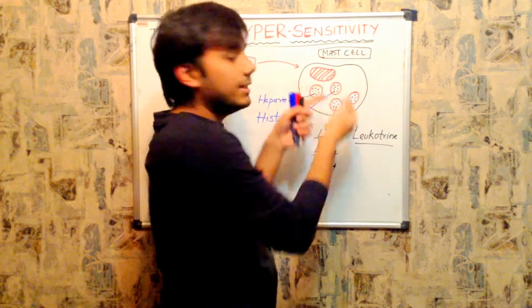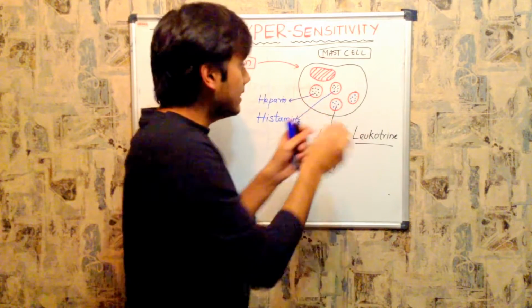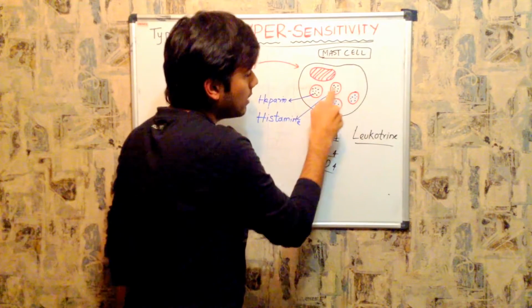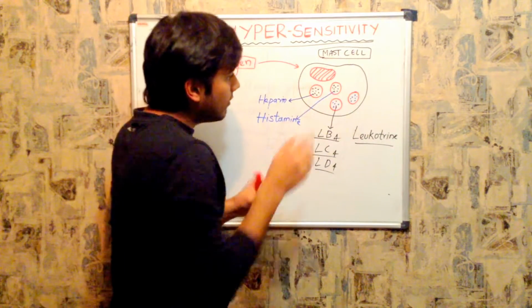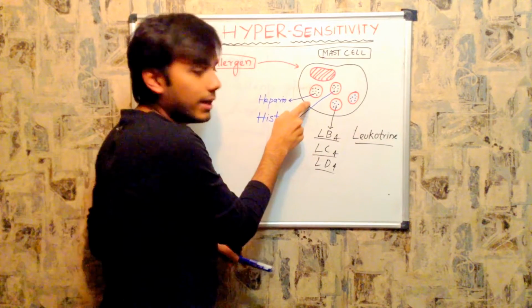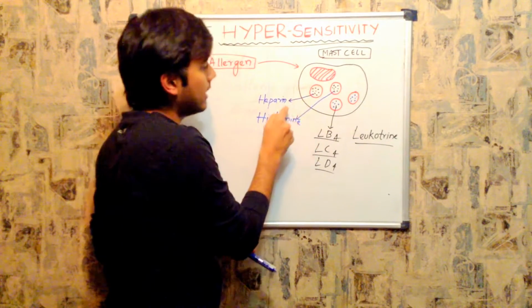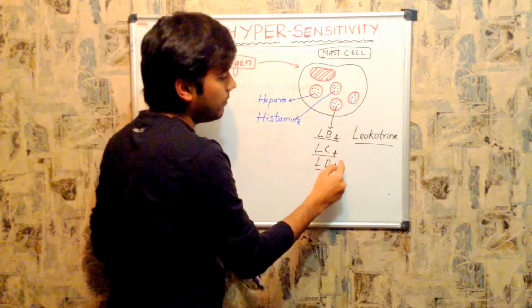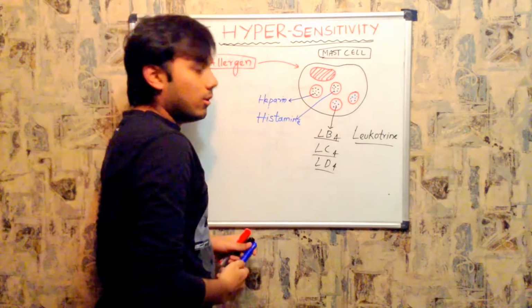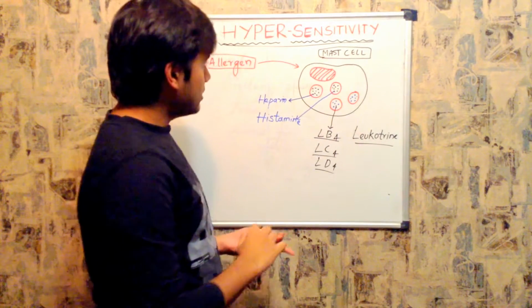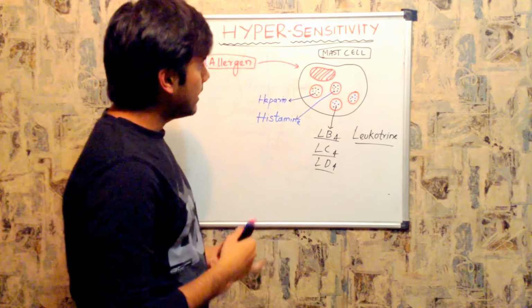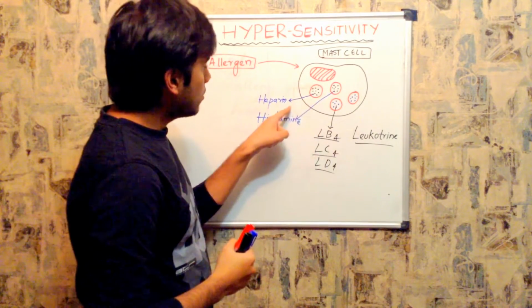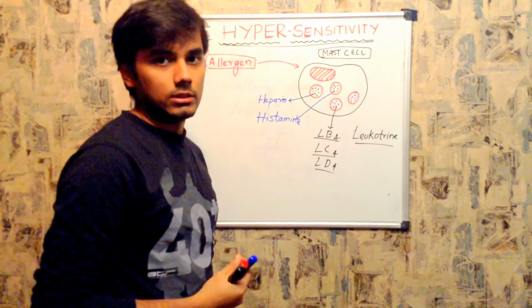This nucleus is in turn activated, and it sends messages to the vesicles so that they come and fuse to the membrane of the mast cell and release their contents such as heparin, histamine, LB4, LC4 and LD4. Now we will discuss the conditions or pathologies related to the release of heparin, histamine and these structures.